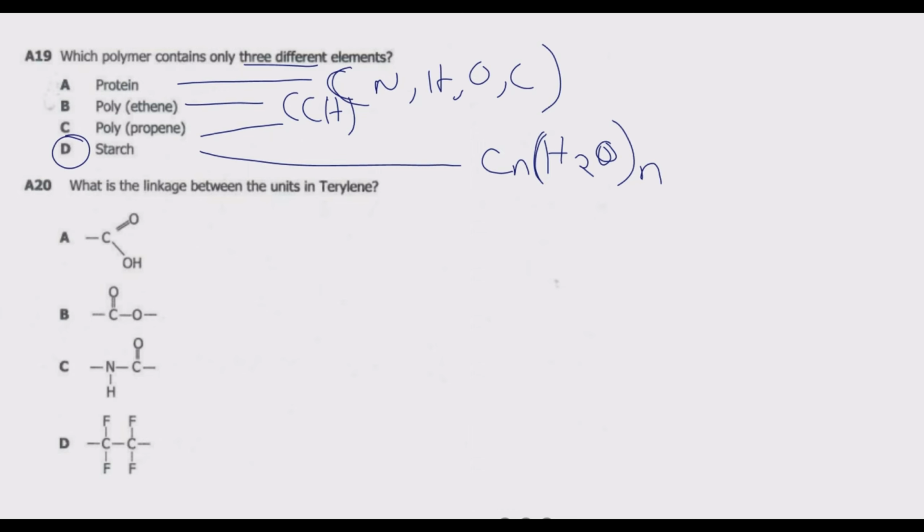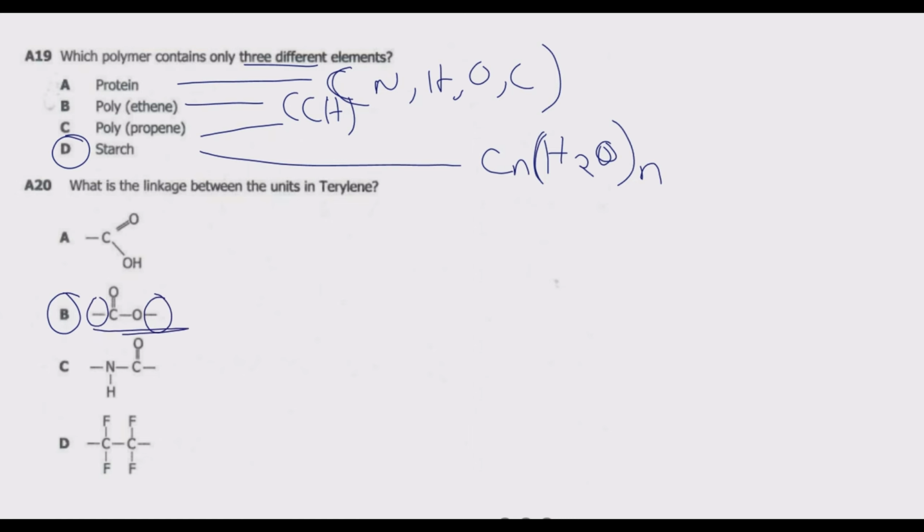We move to question 20. What is the linkage between the units in terylene? So for terylene, the ester linkage is this one. If you look at the linkages, you notice that this has the double bond between carbon and oxygen, then we also have a single bond. You've seen this.